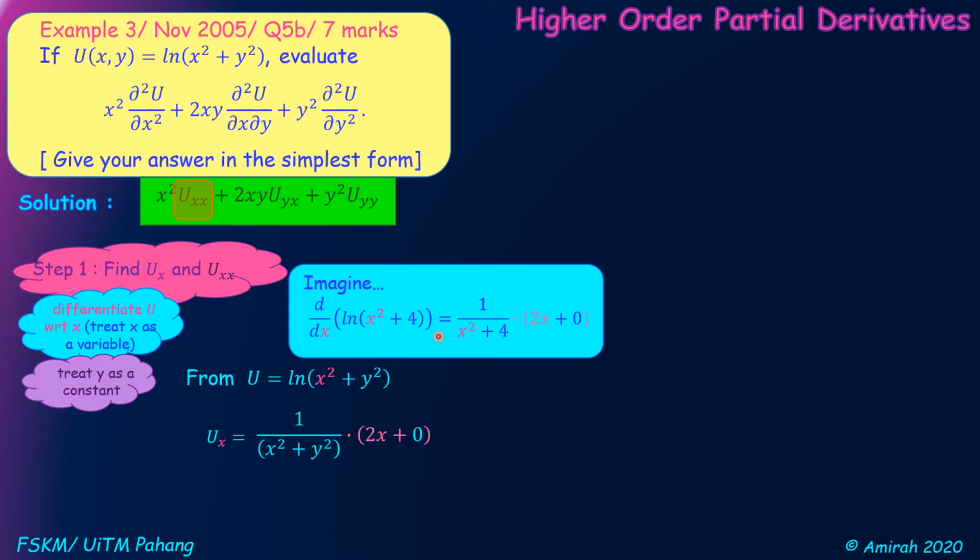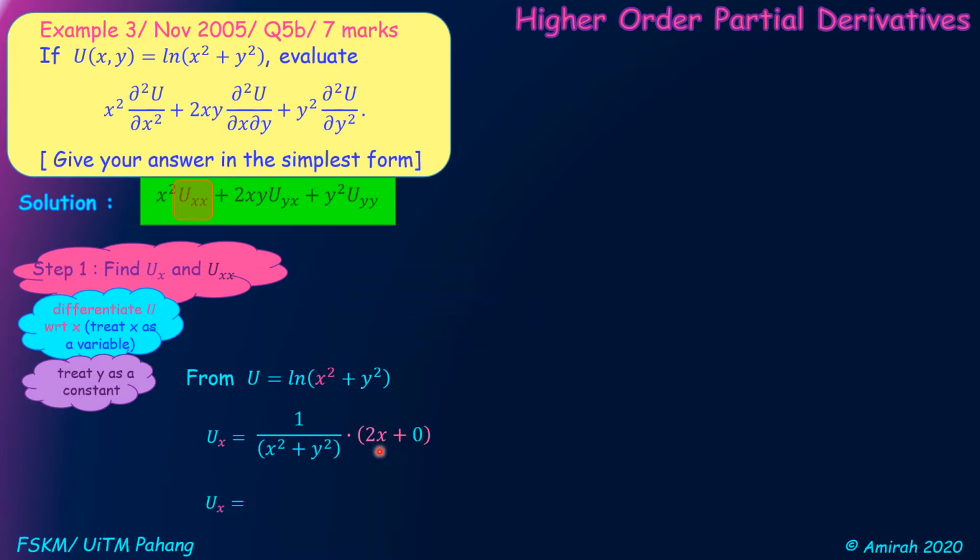So the answer equals 1 over x squared plus 4, and then multiply by the derivative of the function inside ln, so we have 2x plus 0. Okay, so that's why we get this. And after that we can simplify u_x. So we get 2x over x squared plus y squared.